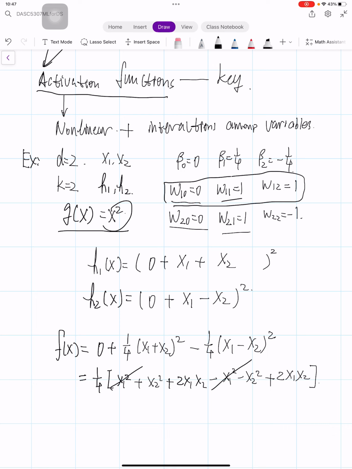And we cancel these terms and the coefficients, right? So we get x1 x2. Okay, so this is one example where by applying this neural network with one hidden layer, we can get the interaction term between x1 and x2. So this is another simple example of the neural network.